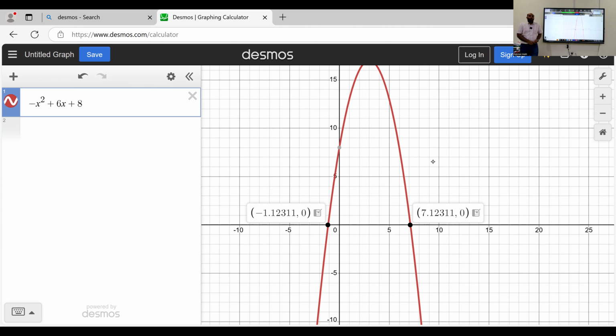Upwards. Then it is open upwards. If the coefficient of x square is negative, then it is open downwards. Try to understand.